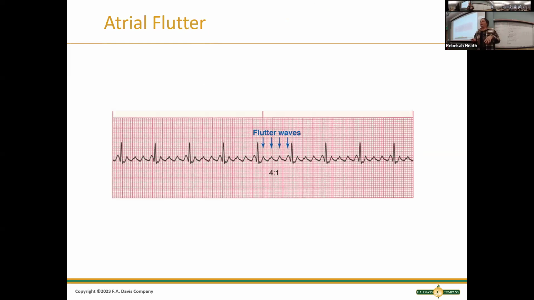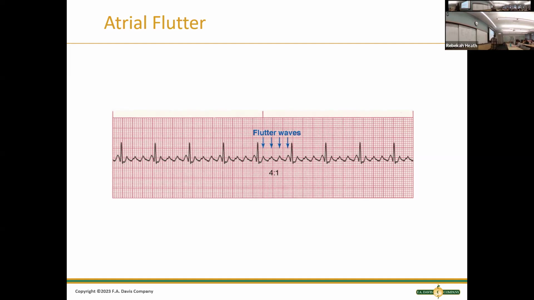Okay, another atrial arrhythmia. Now I want you to go to your place on your sheet where we have atrial flutter. A lot of times my students will get mixed up with atrial flutter and atrial fibrillation. I'm going to tell you now, atrial fibrillation is a lot more common to see, but we're going to start with atrial flutter because it's real easy to identify.